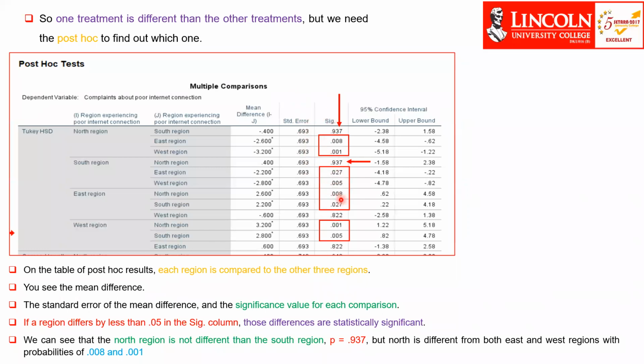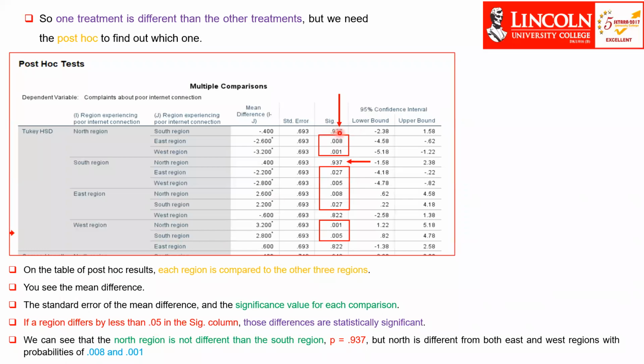If regions differ by less than 0.05 in the significance column, like what you're seeing here in the second and third cells, those differences are statistically significant. We can see that the North region is not different from the South region, because the value here, 0.937, is greater than 0.05.